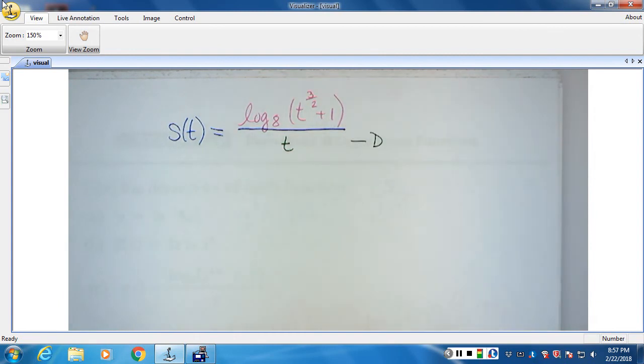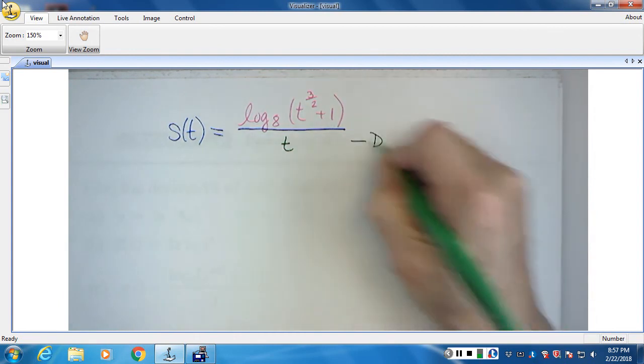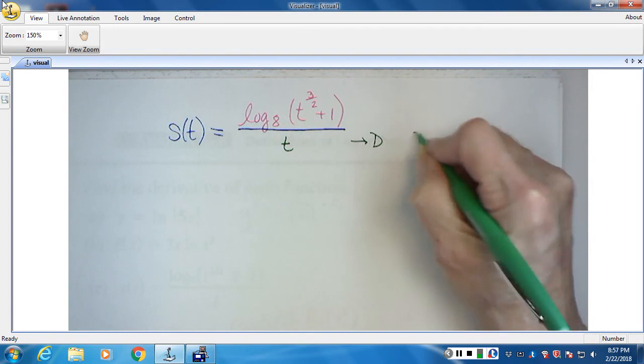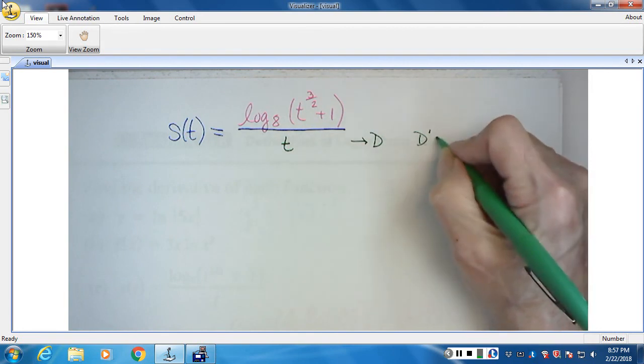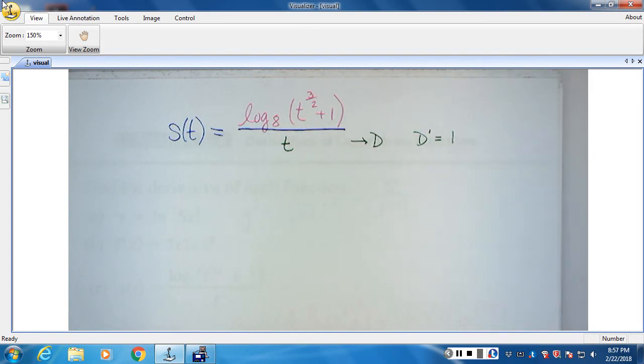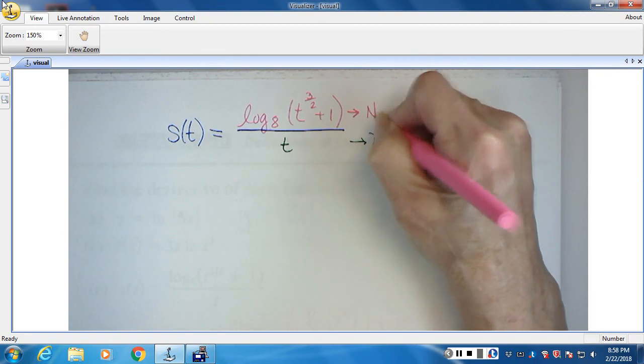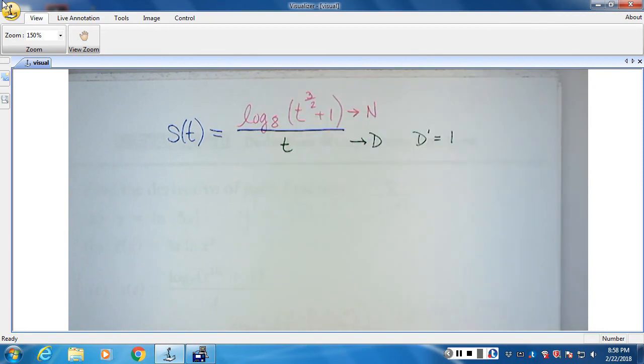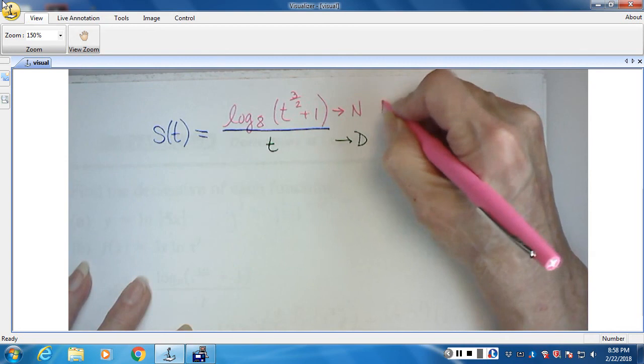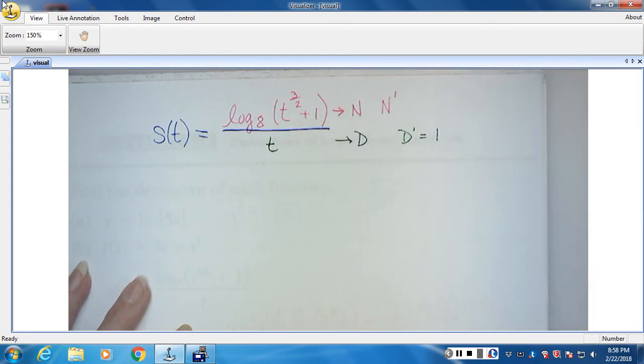My denominator is t. The derivative of my denominator is 1. My numerator is that ugly log function, which means it's going to have an ugly derivative.